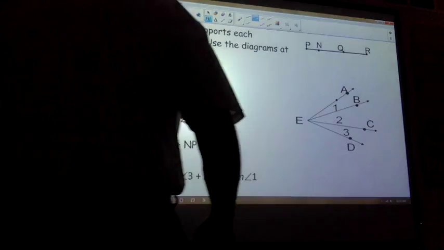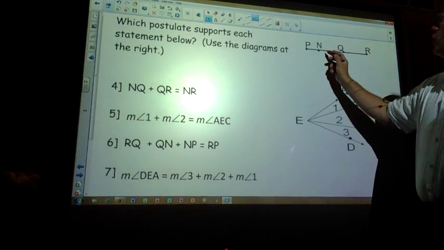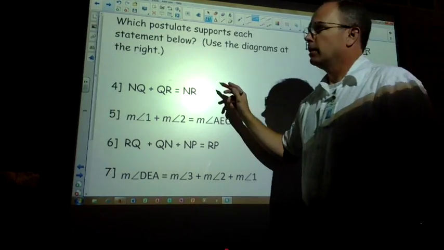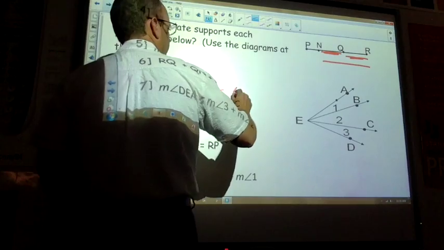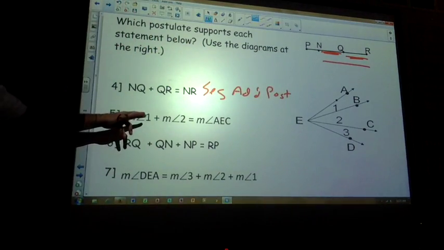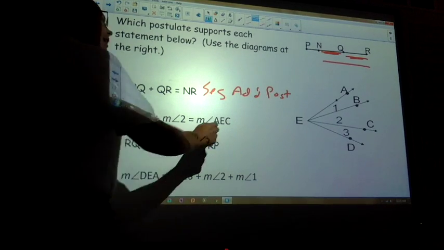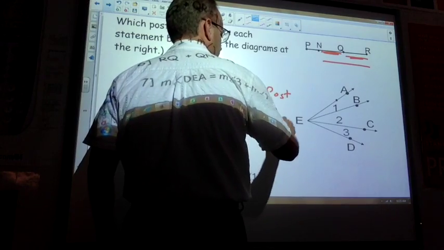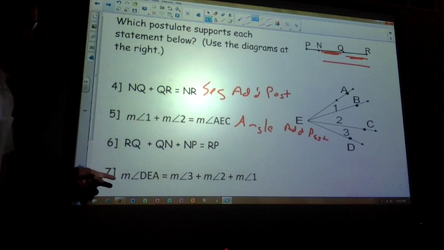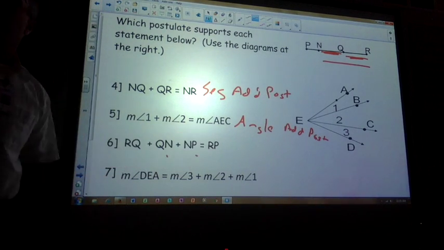All right, which postulates? NQ plus QR equals this. What do you think? Segment addition? Angle 1, angle 2 equals a bigger angle. What do you think I'm hitting? It's not a segment, it's an angle. Now, what happens if I add 3 segments together to get a longer segment?